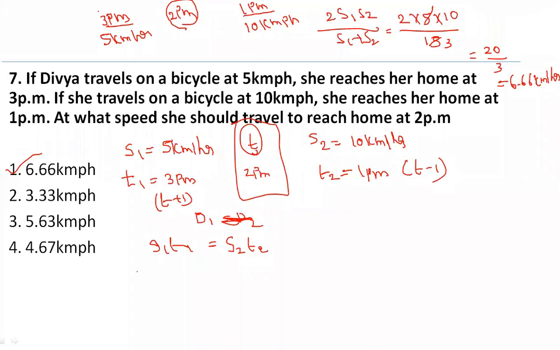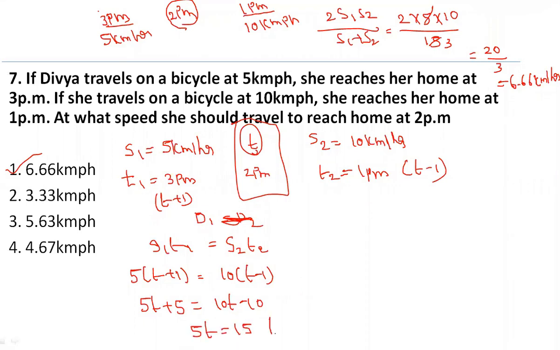Substituting here, 5 into T plus 1 is equal to 10 into T minus 1. Solve for the value of T. So 5t plus 5 equals 10t minus 10. Rearrange the terms. 10t minus 5t is 5t, that is equal to 15. That means t is equal to 3 hours.